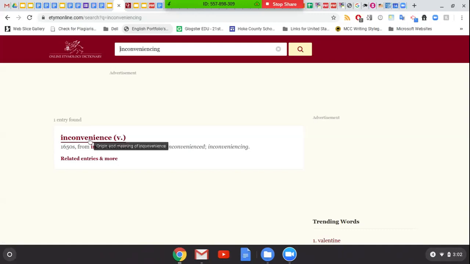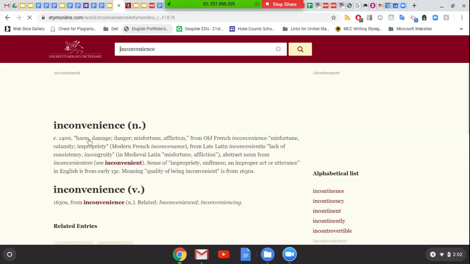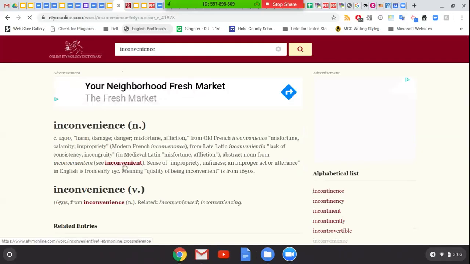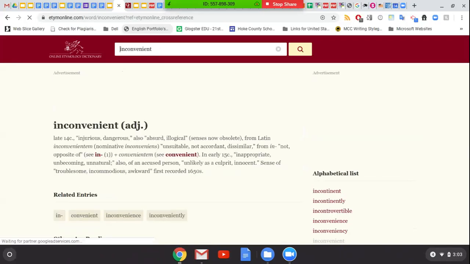So here the word inconveniencing, it's redirecting us to inconvenience, the verb or the noun. So I'm going to click on that. When I click on inconvenience, it's telling me to see inconvenient. So sometimes I have to do several clicks to get the word broken down to word parts.